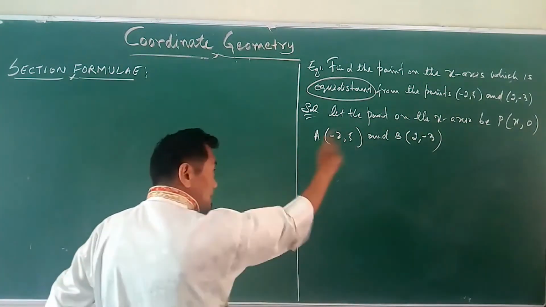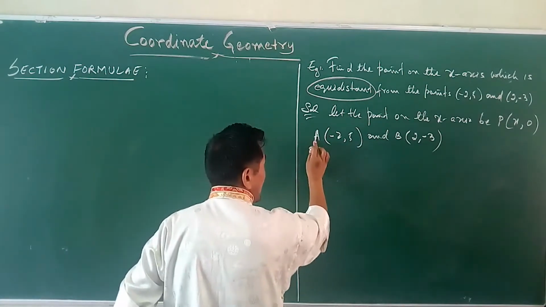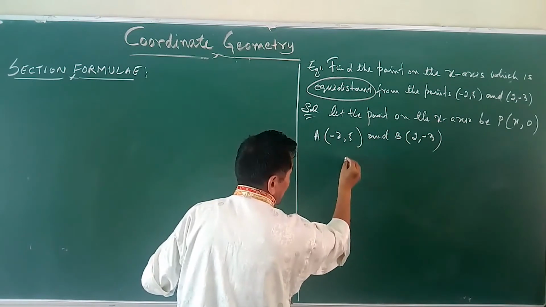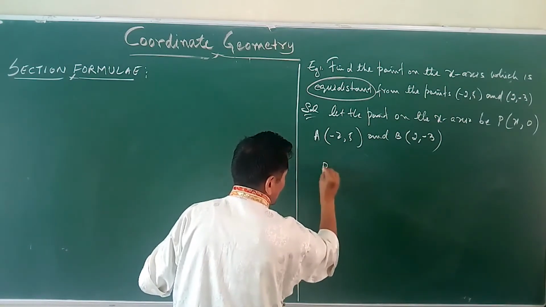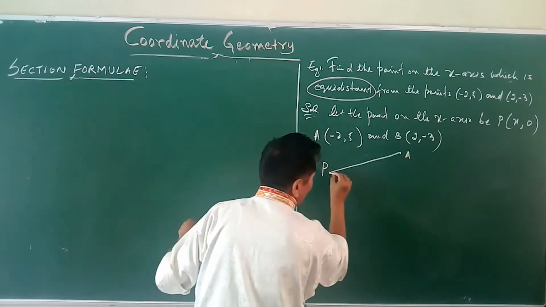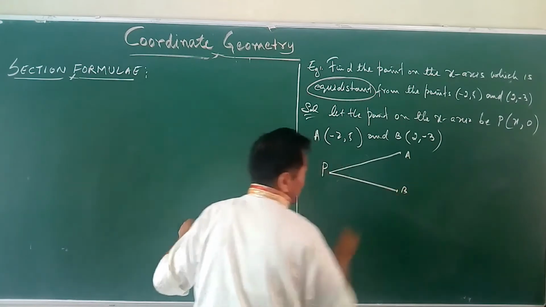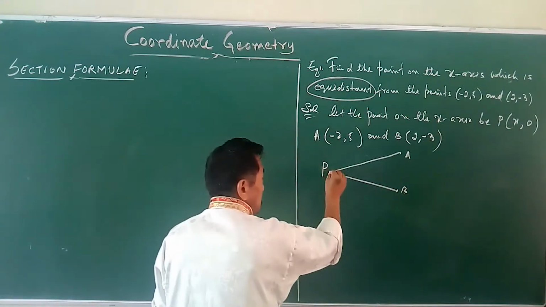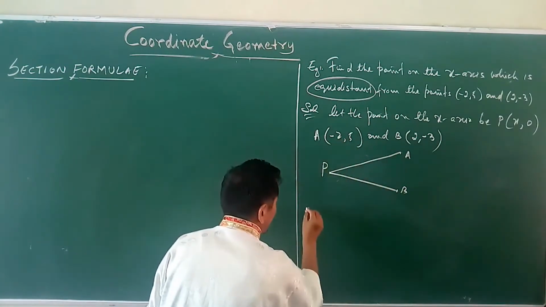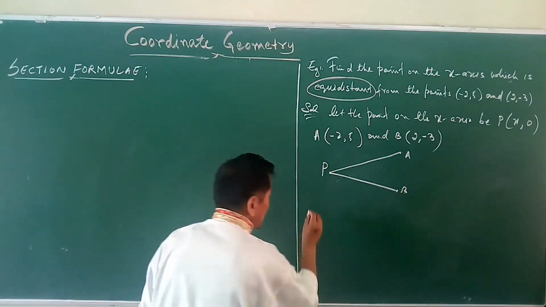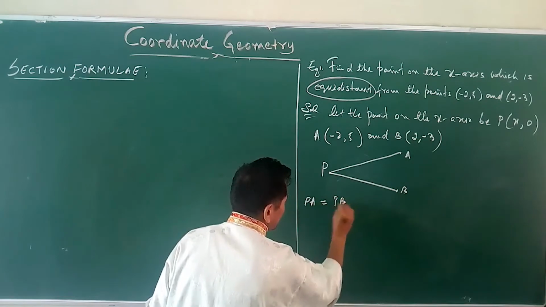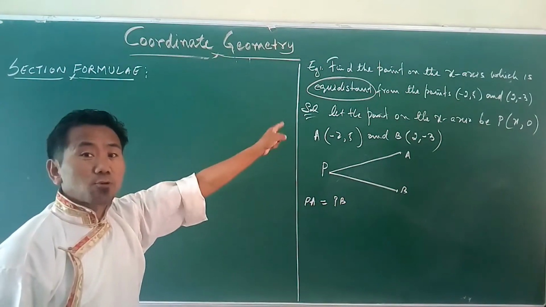Point P, point A, point B: PA is equal to PB because it says equidistant.